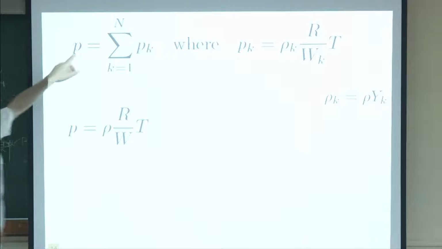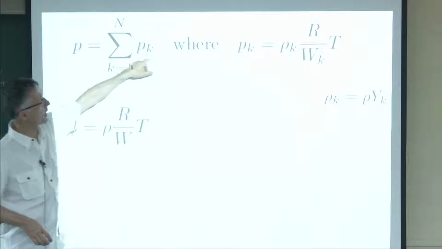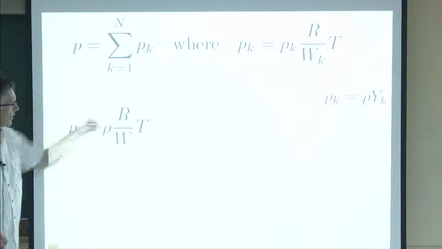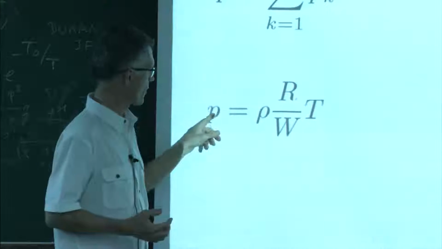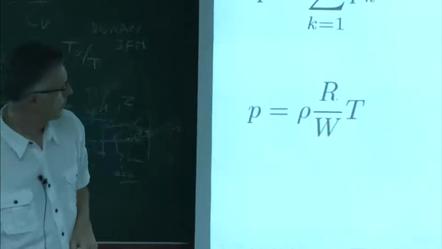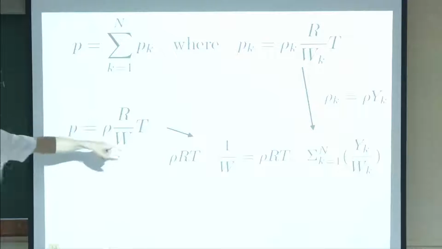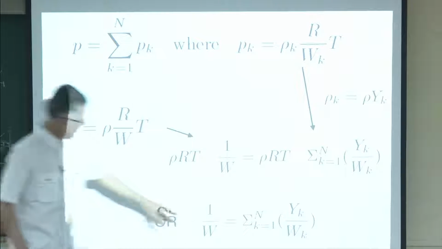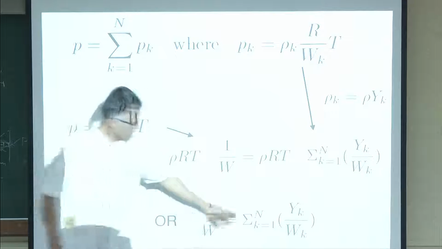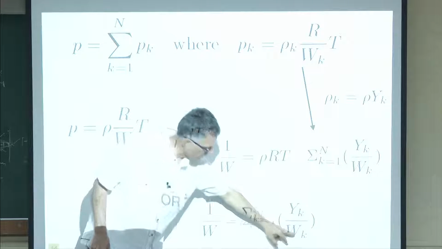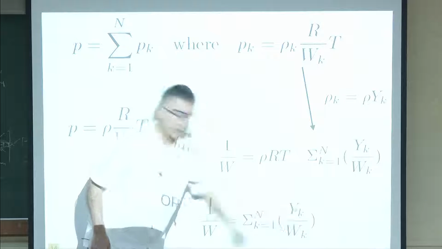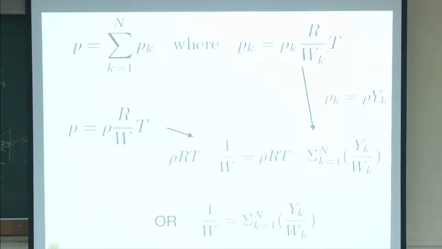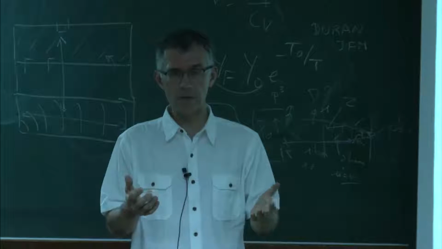If we have the total pressure, which is the sum of the pK, with the pK equal to that, and we know that for the mixture we have pressure equal to this, you can combine these two and see easily that 1 over W, the mean molecular weight, is going to be linked to the molecular weight of species K by this expression, which tells you right away that the mean molecular weight in combustion is changing versus time and location.